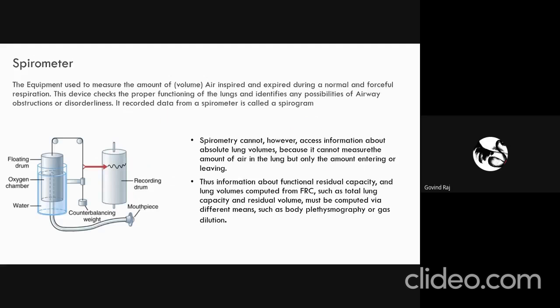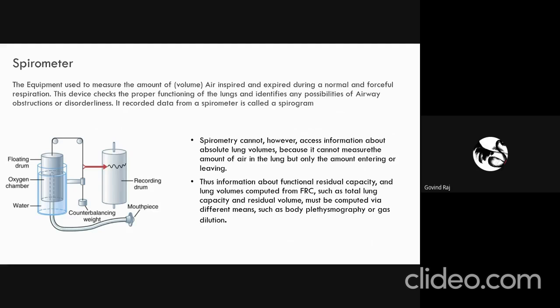Now let's look at what a spirometer is. A spirometer is an equipment used to measure the volume of air inspired and expired during normal and forceful respiration. As you can see in this picture, we have a mouthpiece.